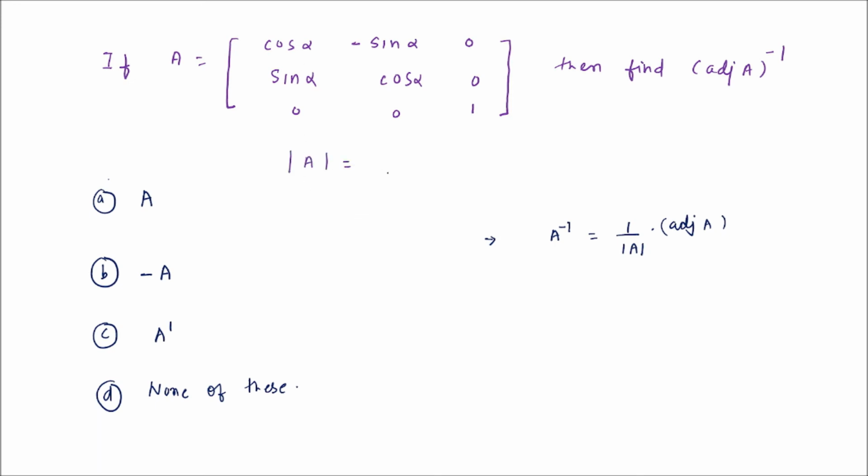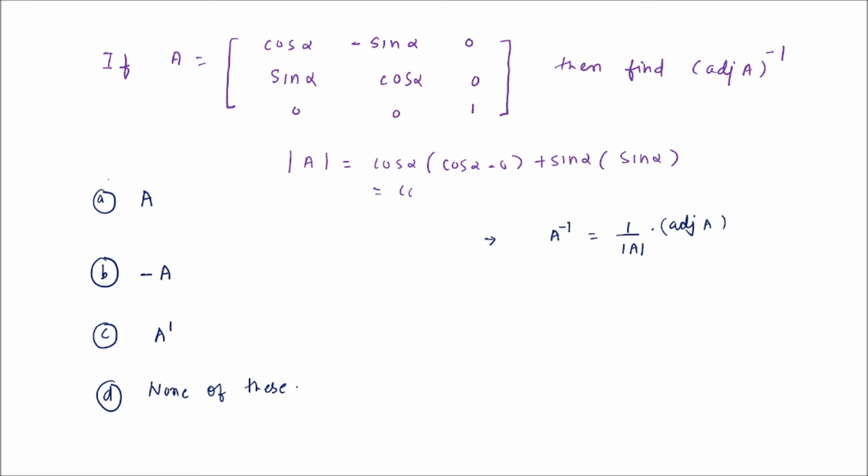Determinant of A is equal to, expanding along the first row, what we can write here? Cos alpha into cos alpha minus 0, plus sin alpha, deleting the second row and second column, sin alpha.